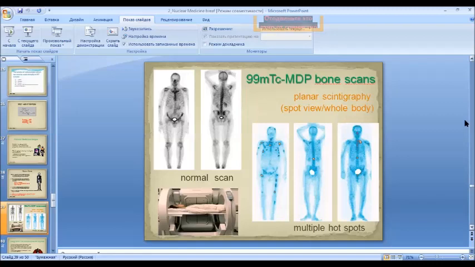Examples of bone scans with radioactive technetium.